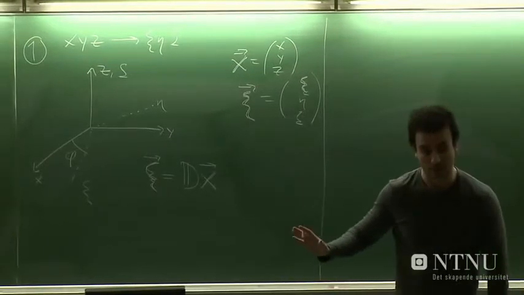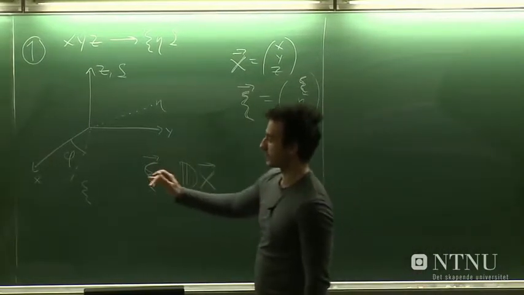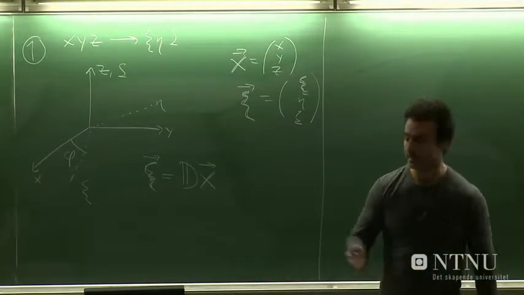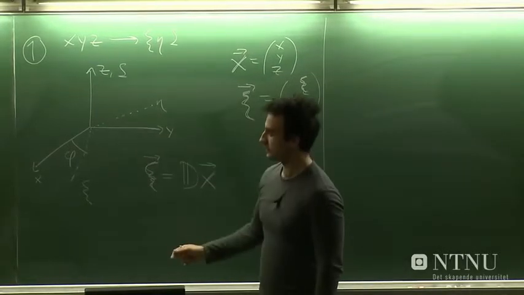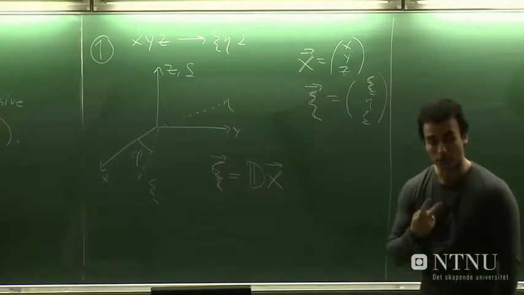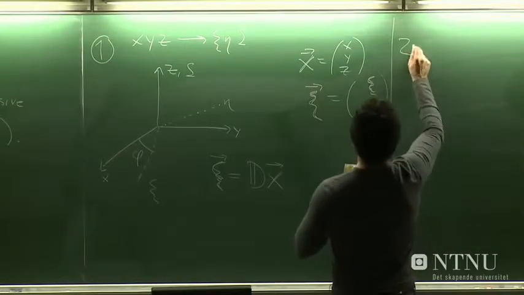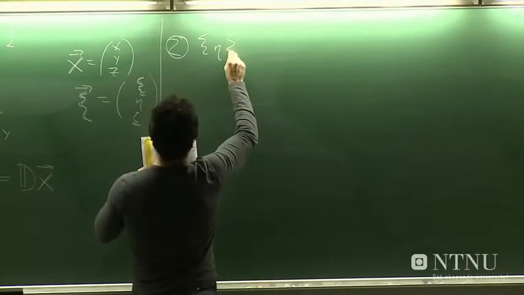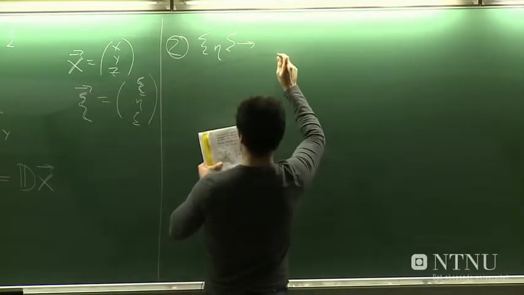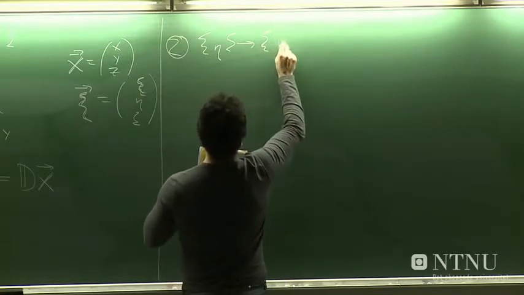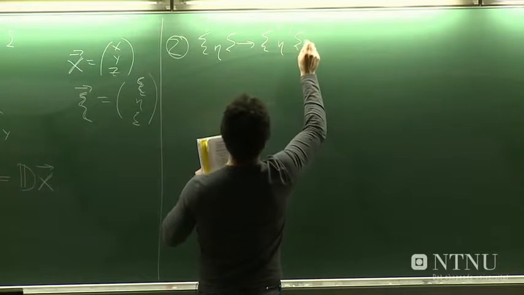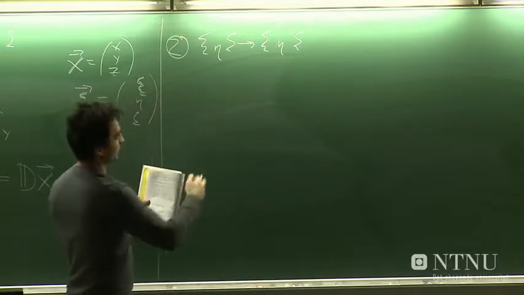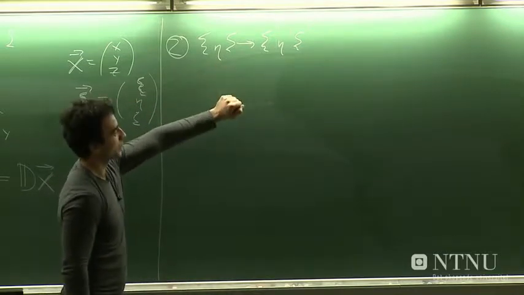But this is not a completely general rotation because we are just rotating it around one axis. With this kind of transformation, we cannot describe any rotations, for instance, like this, around the y-axis. So we need two more angles. So our goal is now to take this new system, xi eta zeta, to a primed system.